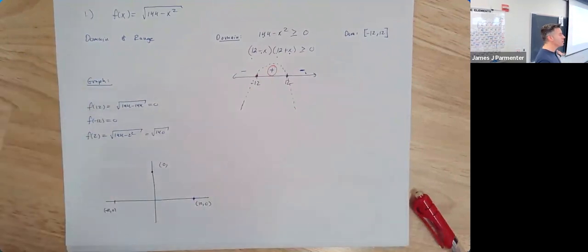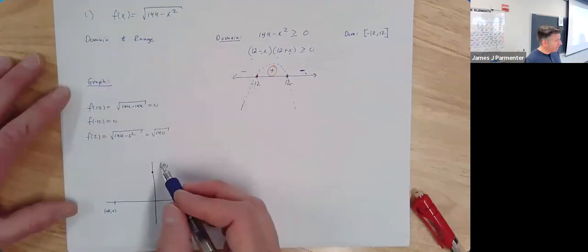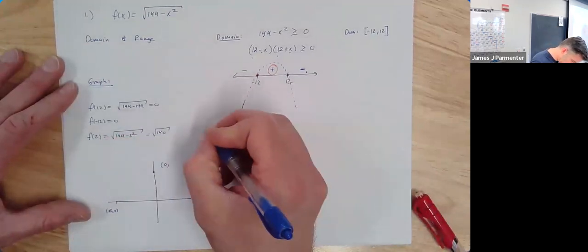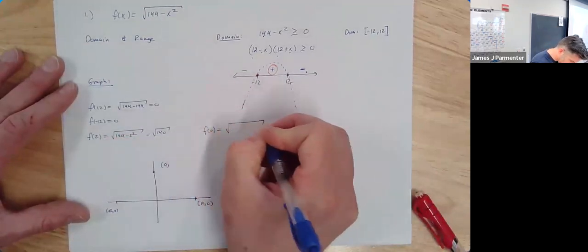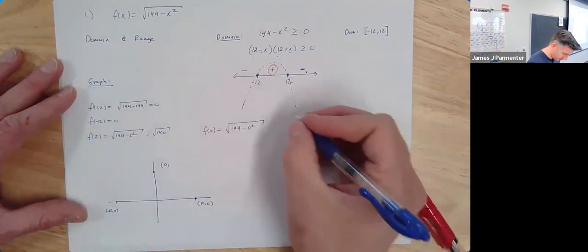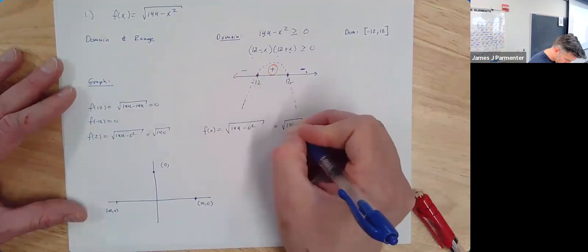It's usually a go-to point we try to plug in when we're graphing something, because people are like, if you're going to graph a thing, show me where the intercepts are, just because they're usual information. And if we plug in 0, we actually get a nice value out, because f of 0 is going to be the square root of 144 minus 0 squared, which is just the square root of 144, which is 12.